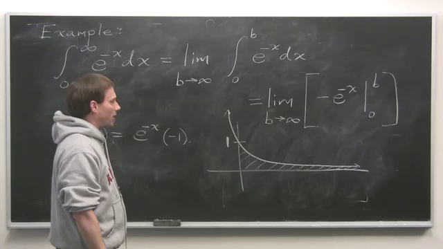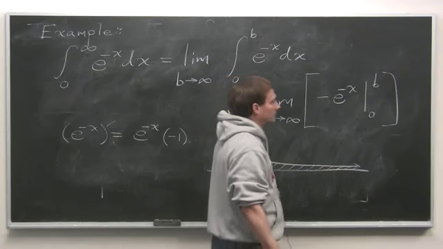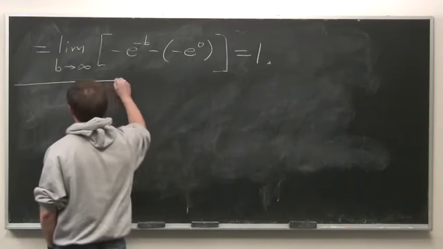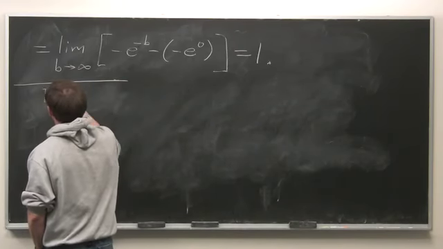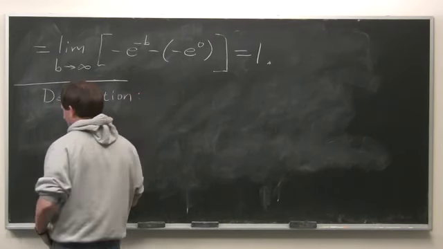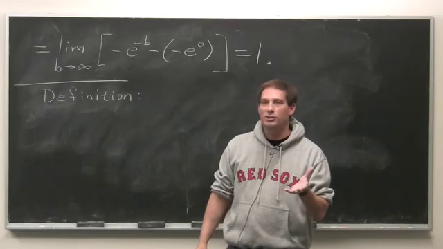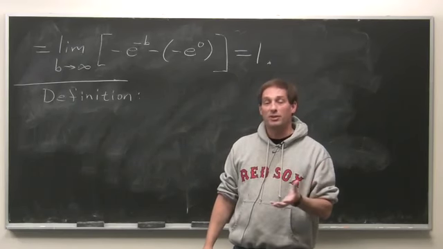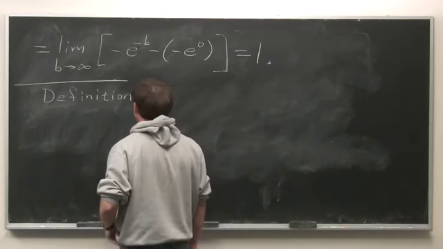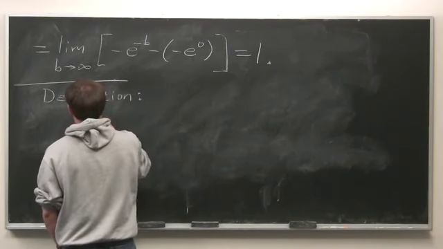All right, so what is it that we're saying? Well, I suppose I should write a careful definition. So the definition: we want to assume that our function is given on a half-open interval and is integrable on every closed interval contained in that half-open interval.